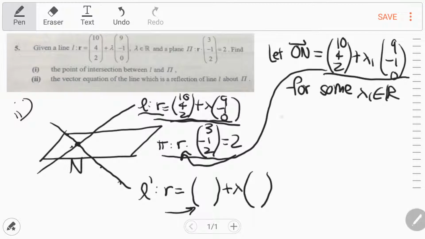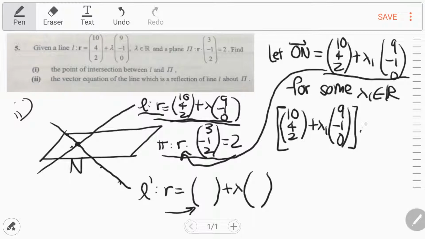So (10, 4, 2) plus lambda 1 (9, -1, 0), dot product with (3, -1, 2), equals 2. This gives me 30 minus 4, which is 26, 26 plus 4 would be 30.